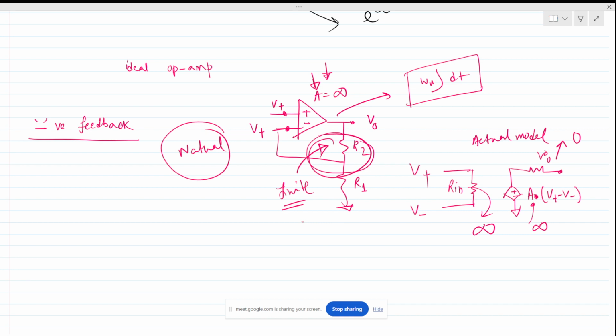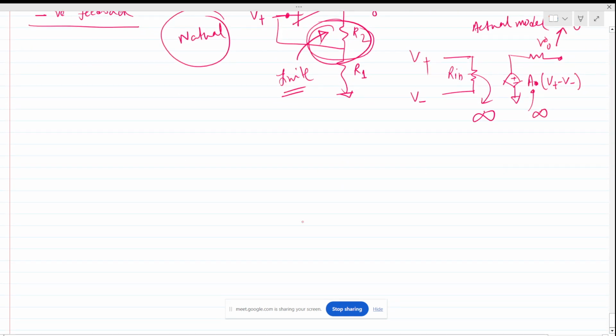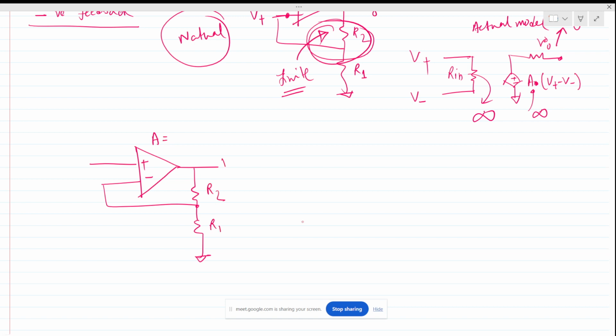Now we will calculate the inverting and non-inverting configurations of an op amp with feedback. So let's have this circuit. It is understandable, right? What is negative feedback and why we do it.